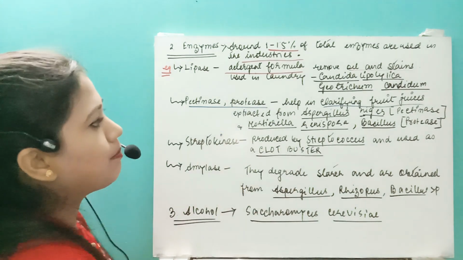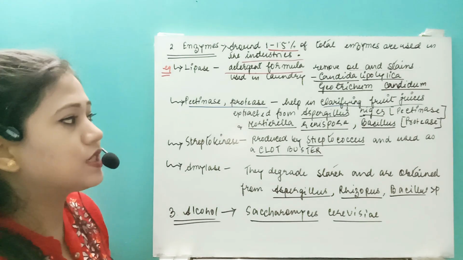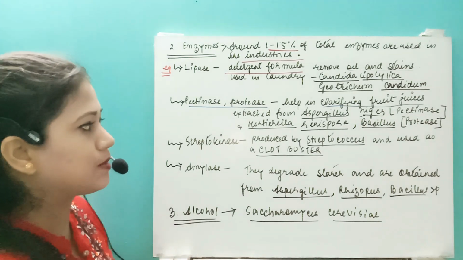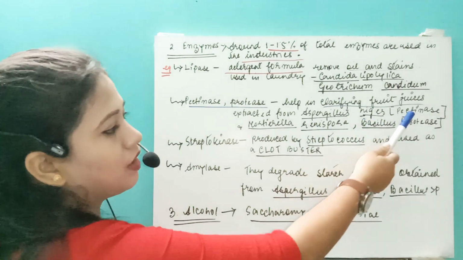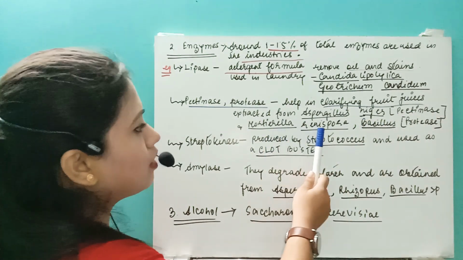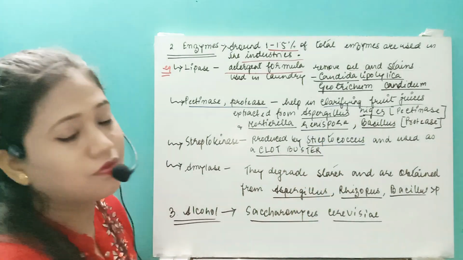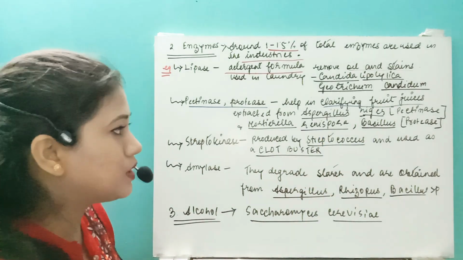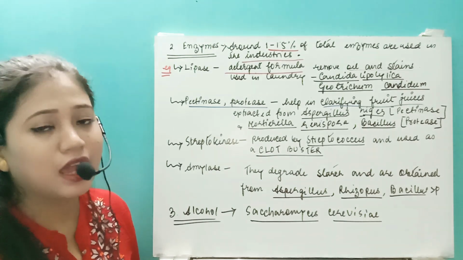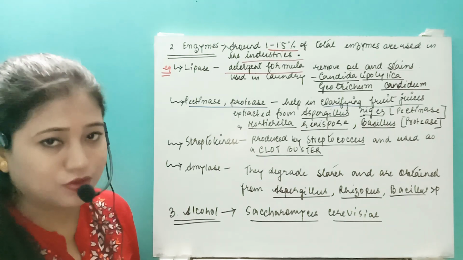So that is the pectinases and proteases, which are collected from many microorganisms like Aspergillus niger, from where pectinase is extracted. Next, Monilia and Bacillus, from where protease is extracted, which helps as a clarifying agent for fruit juice, right?